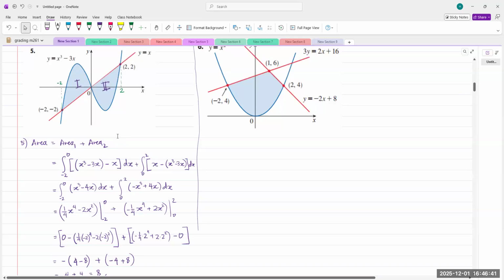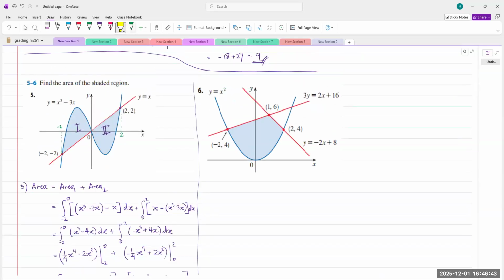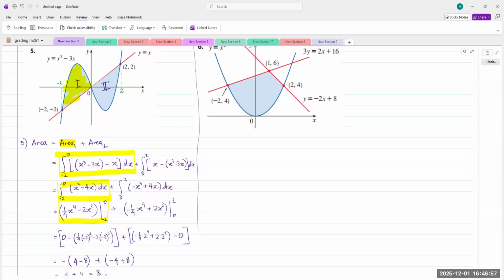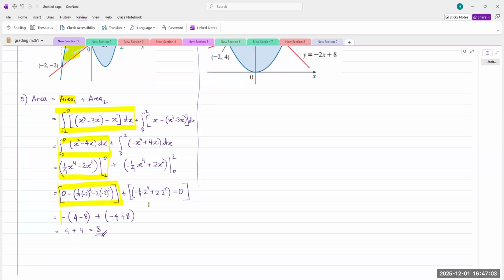Okay, if we want to keep track of the work, let's say this is area region 1. This is the integral for region 1. It's just to keep track of the work, right? That's why please organize your work. You may be smart, and most people are smart, but it is not wise not to organize your work.